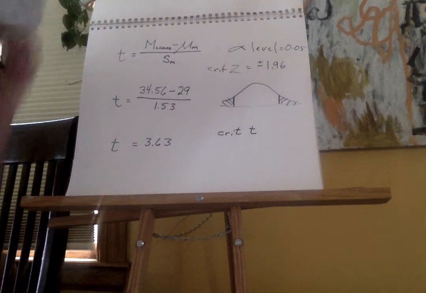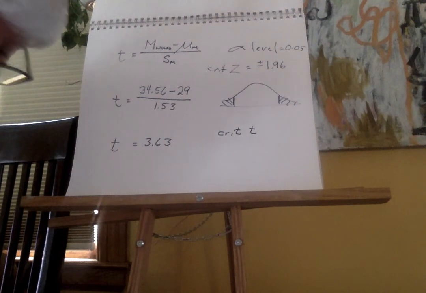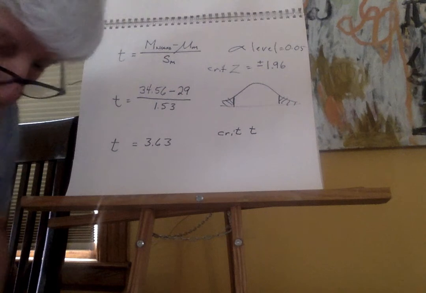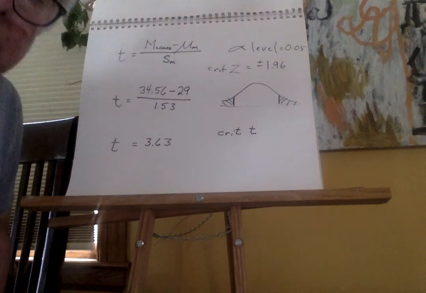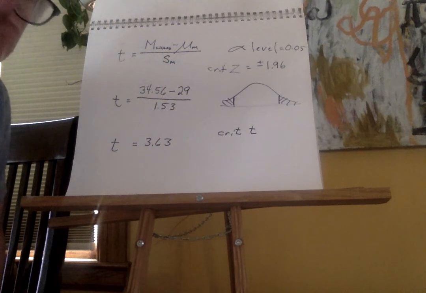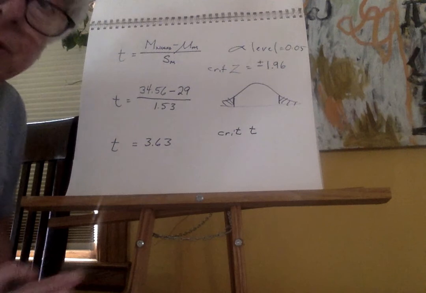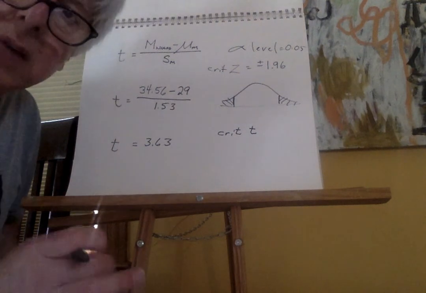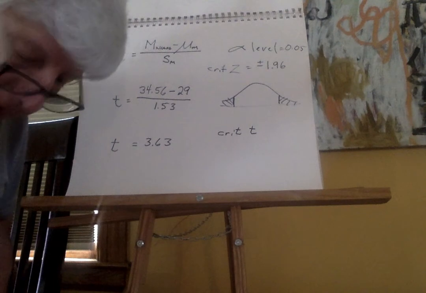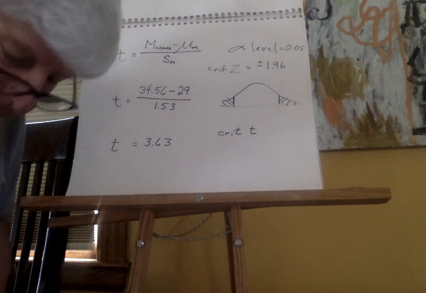Now, let's see if you can read this table. On the far left-hand column, it says DF. That's your degrees of freedom. In our case, degrees of freedom for this research study was 9 minus 1, so the degrees of freedom is 8. Let's find 8 in the degrees of freedom.